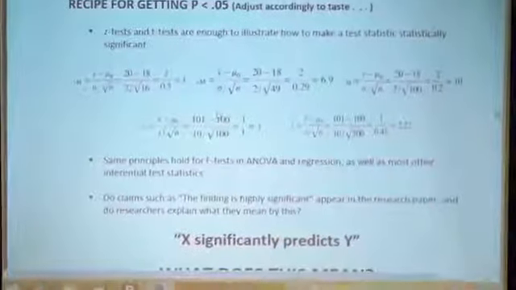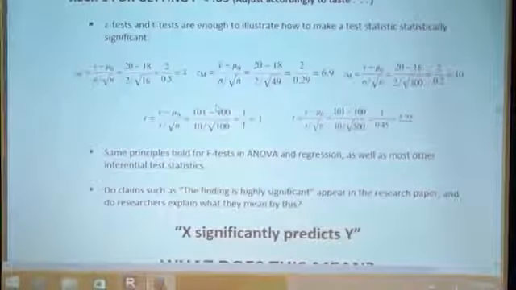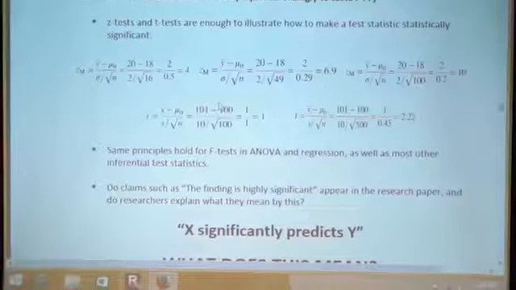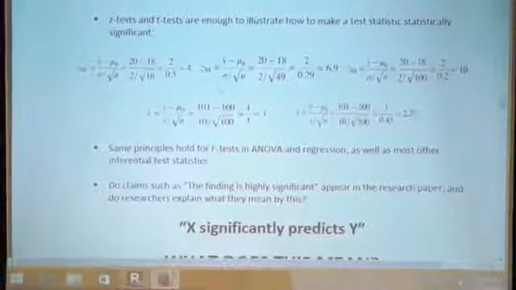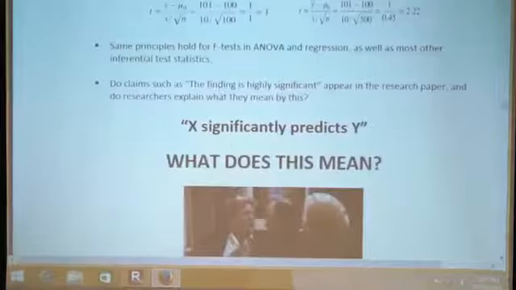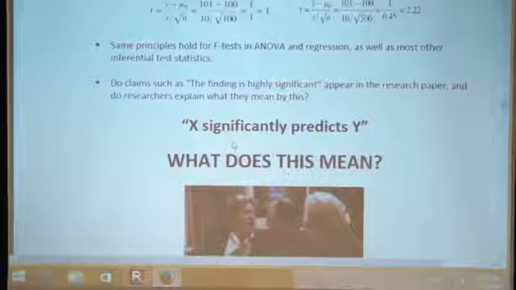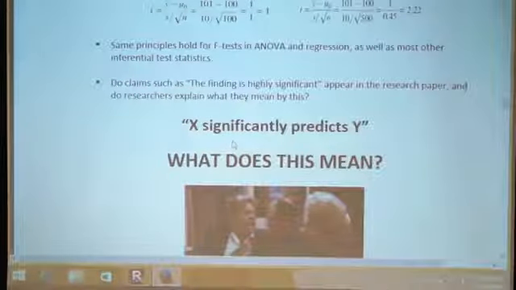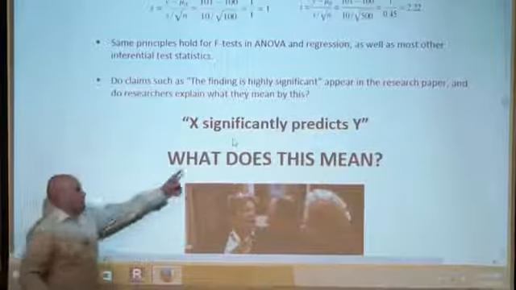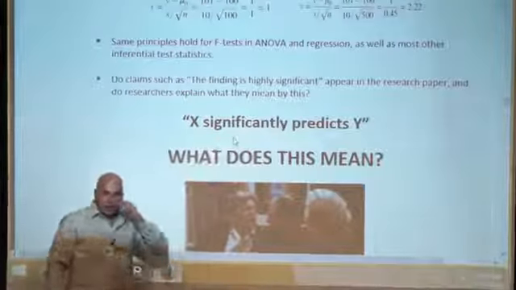Yet if I said something like x predicts y, or there's a statistically significant difference, I know I could be talking about a small difference. So in the context of, say, a regression, x significantly predicts y, they could be talking about an r-squared of 0.003. Really, really small. But they found statistical significance for it due to the large sample size.